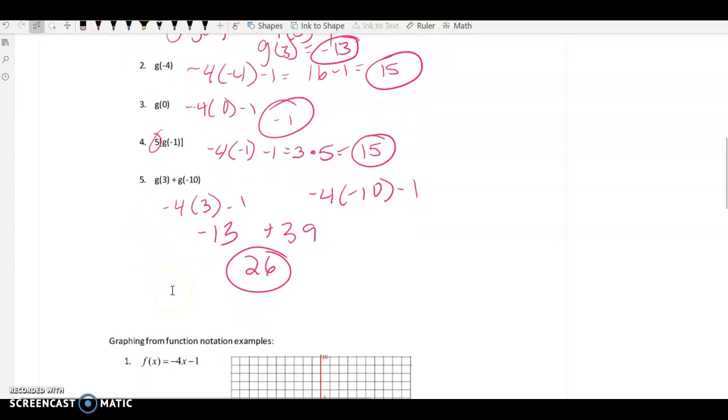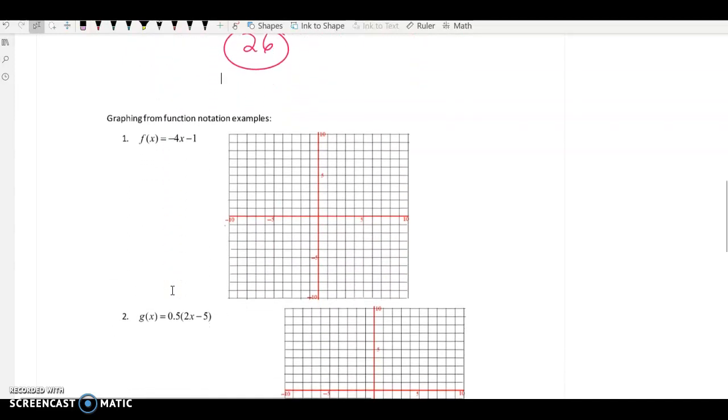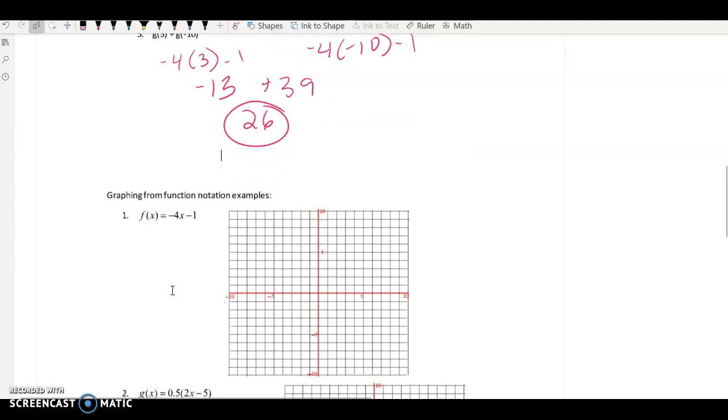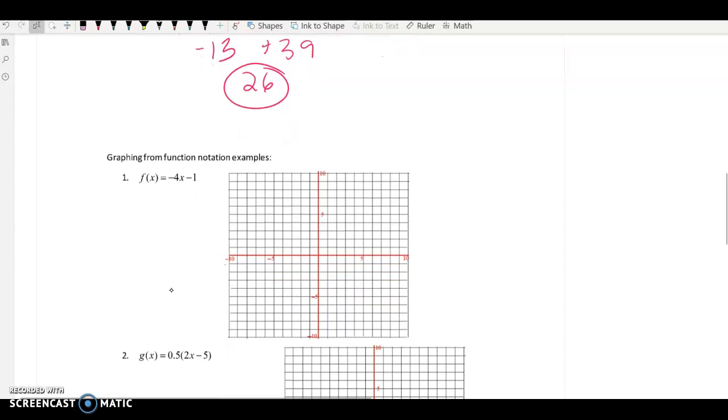And down below it says graphing from function notation examples. Same thing, guys, as slope-intercept form and point-slope form, the things that we learned this last chapter. So for this one, I know my y-intercept is at negative 1. I'm going to go down 4, right 1, down 4, right 1. And from my y-intercept, I can also go up 4, left 1.